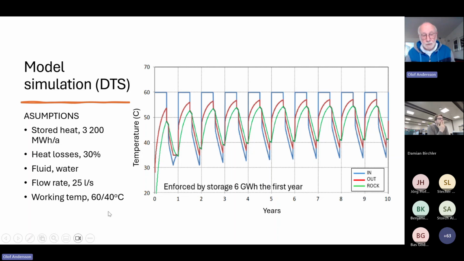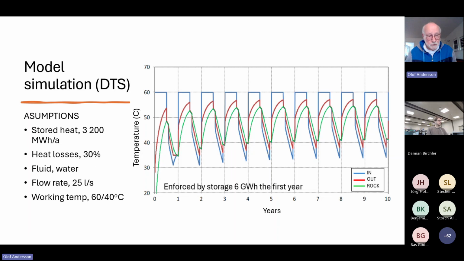The model simulation looked like this. We assumed we had 6 gigawatt hours the first year to put in, but that never happened. We only had 2. But anyway, we expected to store 3,200 megawatt hours annually, with 30% in heat losses.